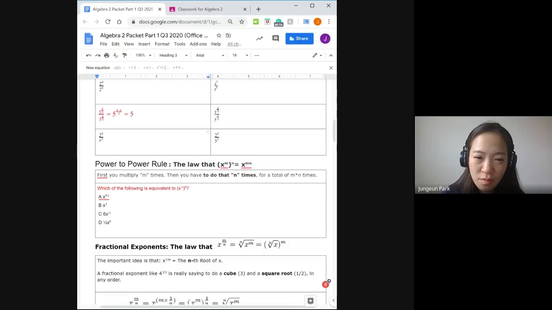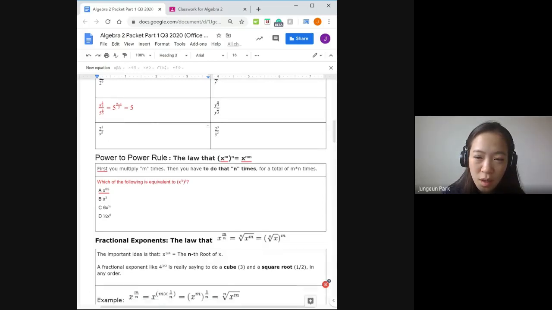All right. Now, power to power rule. Power to power rule is when you have x to the nth power inside a parenthesis, and outside of the parenthesis you've got another exponent, then you just have to multiply them. So what are we supposed to do with these exponents? It says x to the 1/2 to the 6th power.